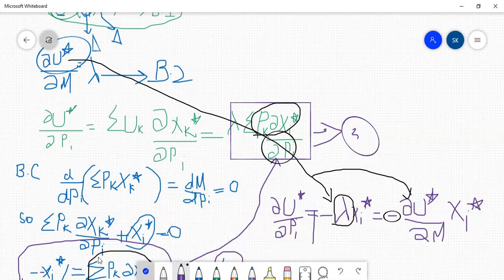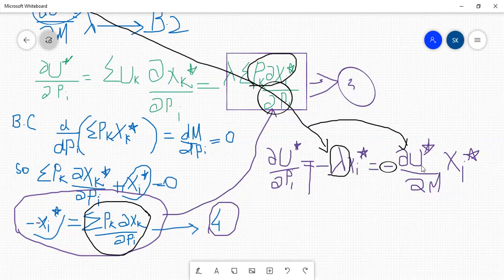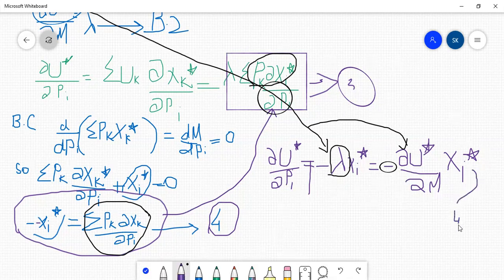Which is equal to summation pk curly xk divided by curly pi from here. All these values are taken from different equations and then substituted in this equation number 3, and this has given rise to another identity, which is known as Roy's identity, that is minus curly u star upon curly m into xi star. So we will name this as equation number 4.